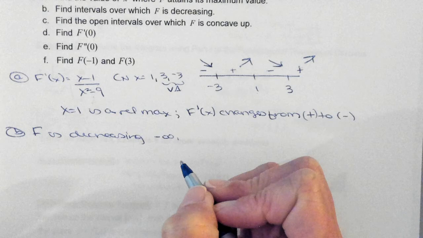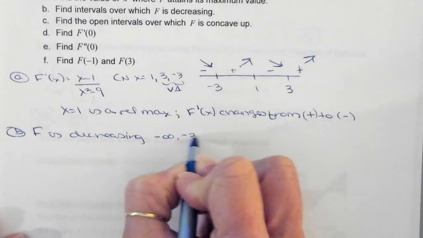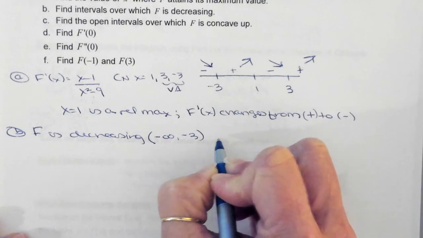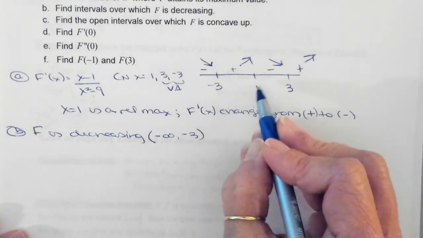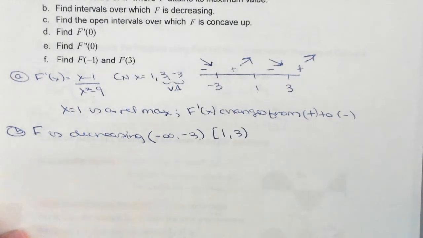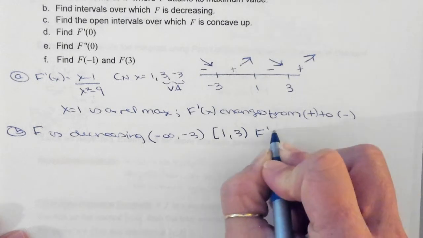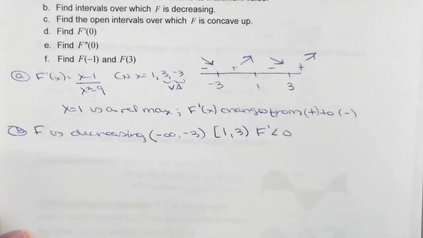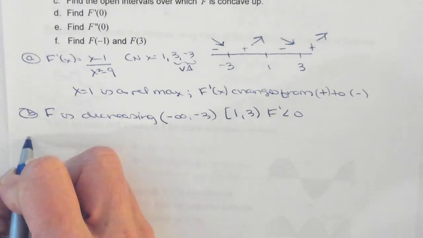To negative 3, okay? And then from where to where? 1 to 3. Can I include 1? But 3 I cannot. And if I had to justify, what do you say? This is a nice, easy, quick one. f prime is less than 0, it's negative.